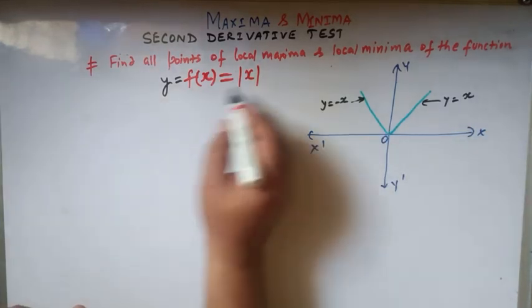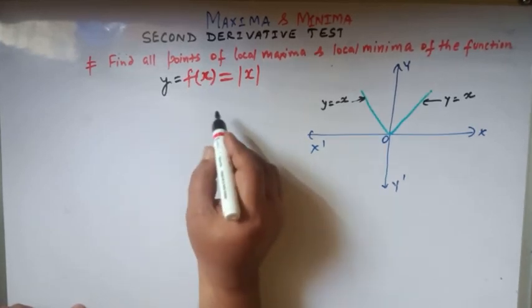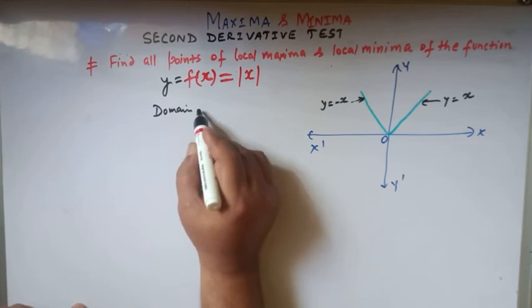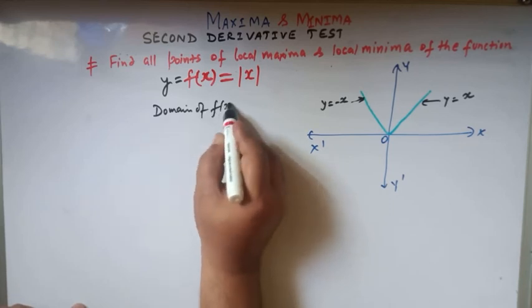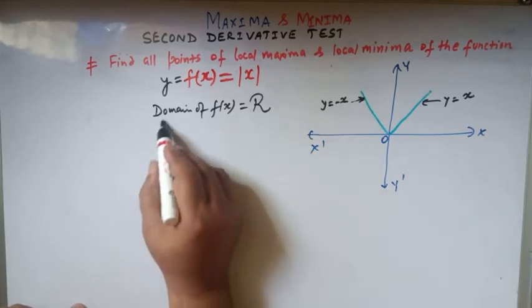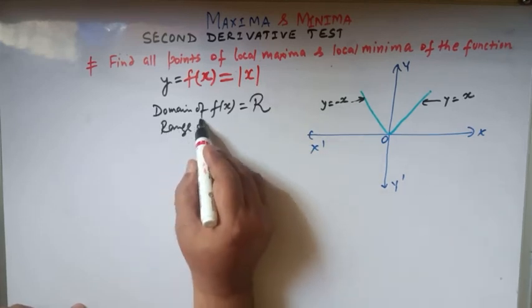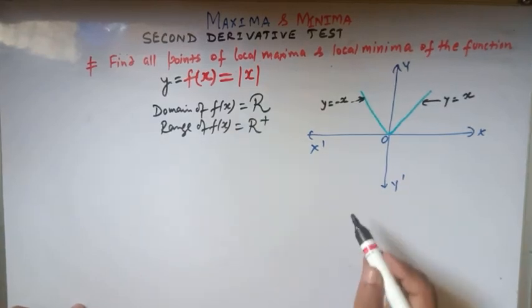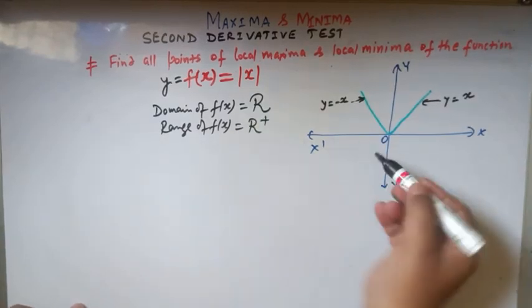The domain of this function is the set of all real numbers, but the range of f(x) is only the positive real numbers, including 0.